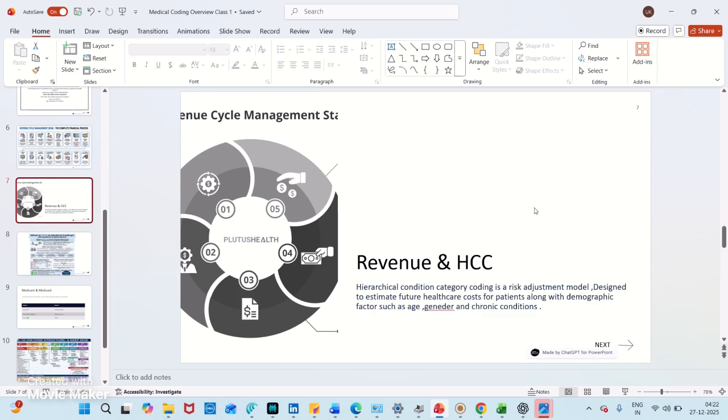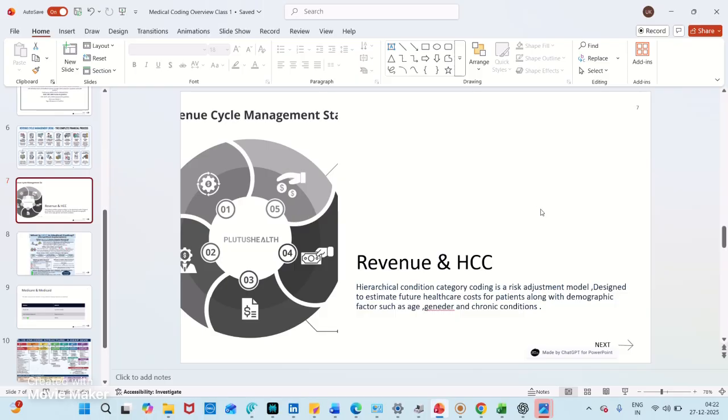For example, patient A has only mild health issues, while patient B has diabetes and heart disease. Patient B needs more care, so the insurance payment will be higher.